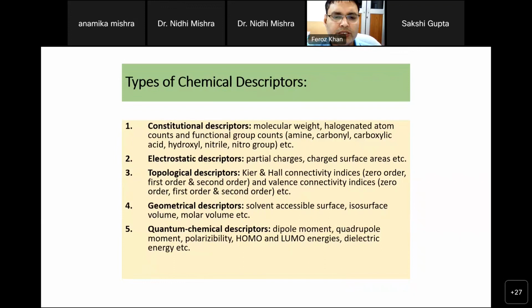And lastly, and the most recent, are quantum chemical descriptors. These are molecular orbital related properties and energy related properties, which were also found to have a role in controlling the biological activity. So these are the hidden properties within the structures, apart from atom representation or molecular formula representation, which control the biological activity.